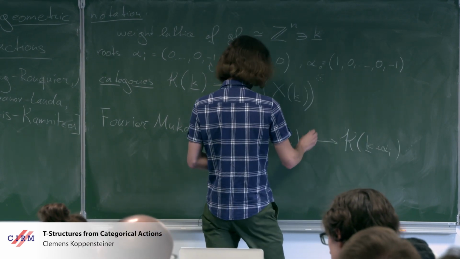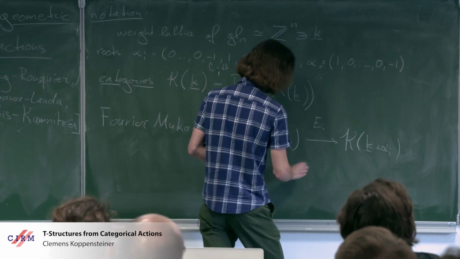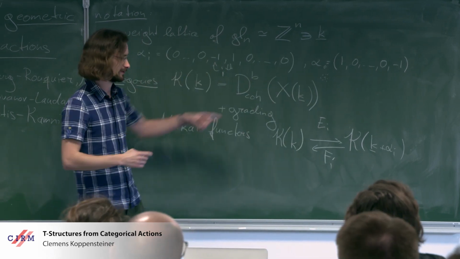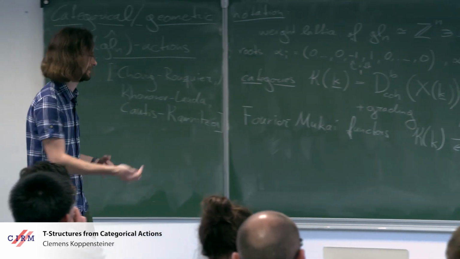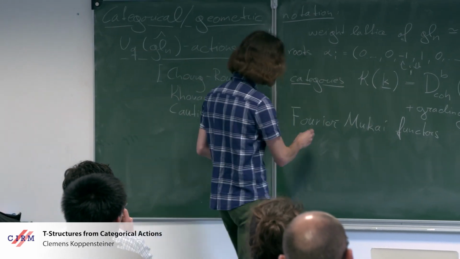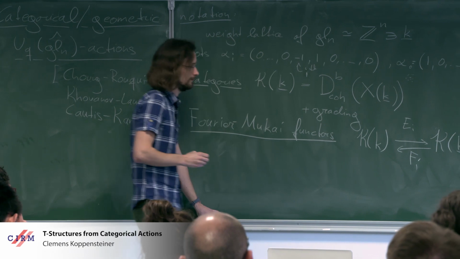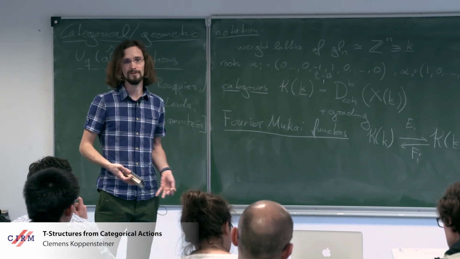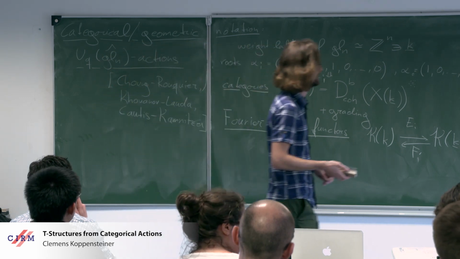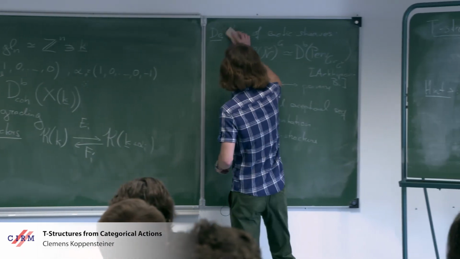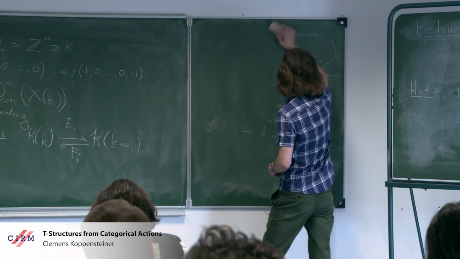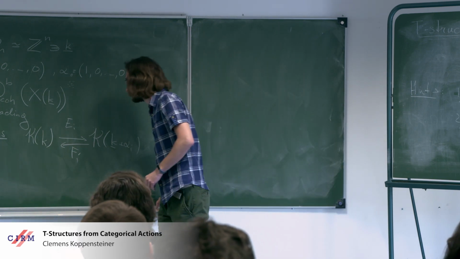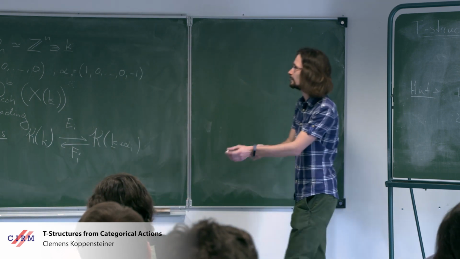And I notice I'm rather low on the blackboard, so I have EI going up the root plus alpha I, FI going down. And these things then have to satisfy a bunch of combinatorial requirements. And I'll give you an example in a minute.